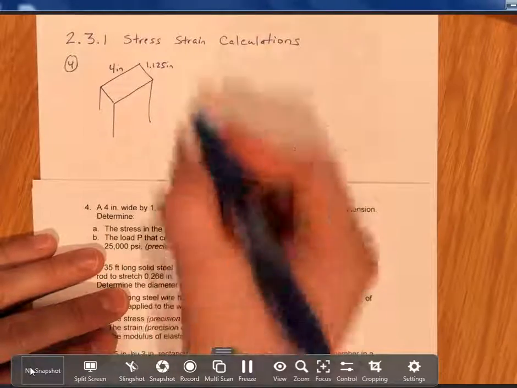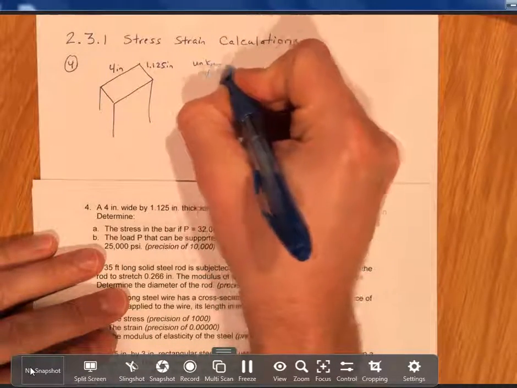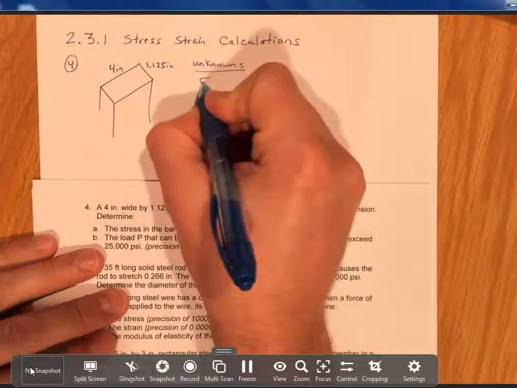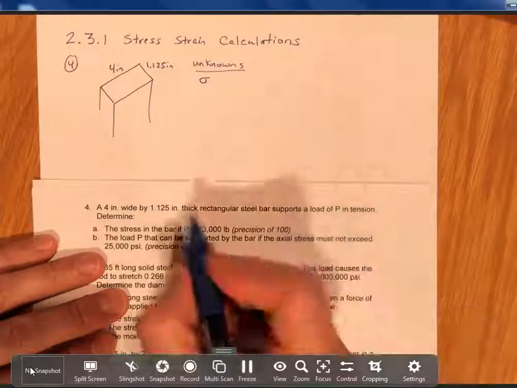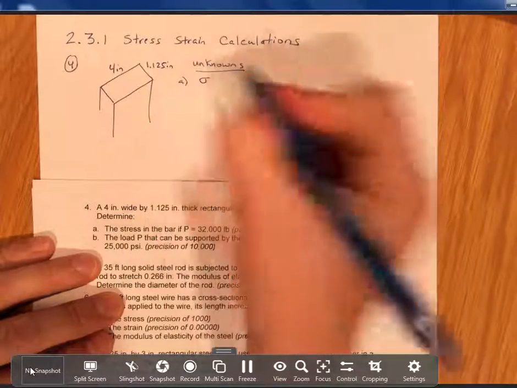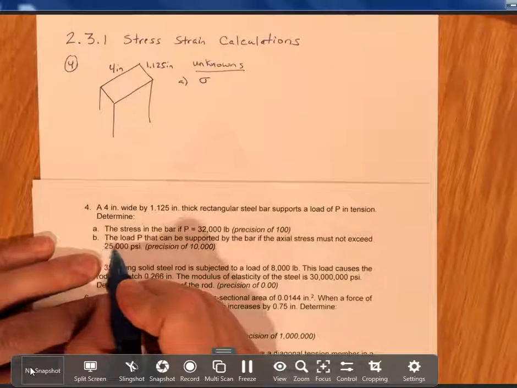Determine the stress. Okay, so unknowns. Generally, those are things that you're being asked to solve for. So we don't know stress. That's something we want to find. And I'll just even note for this problem that it was part A. Part B, they actually ask us for the load.